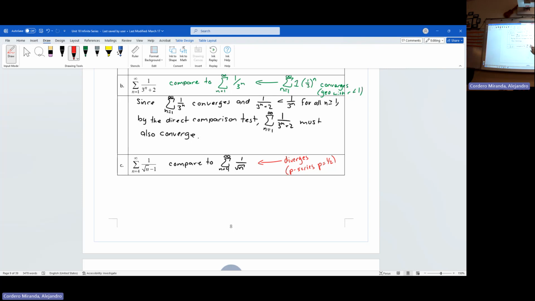This one diverges. So if we're going to compare it to this one, then we better hope that this one also diverges. In other words, we have to check that the original series that I'm circling right now is bigger than this divergent series. Because if this one is infinite and this one is bigger than an infinite one, then this one must also be infinite.